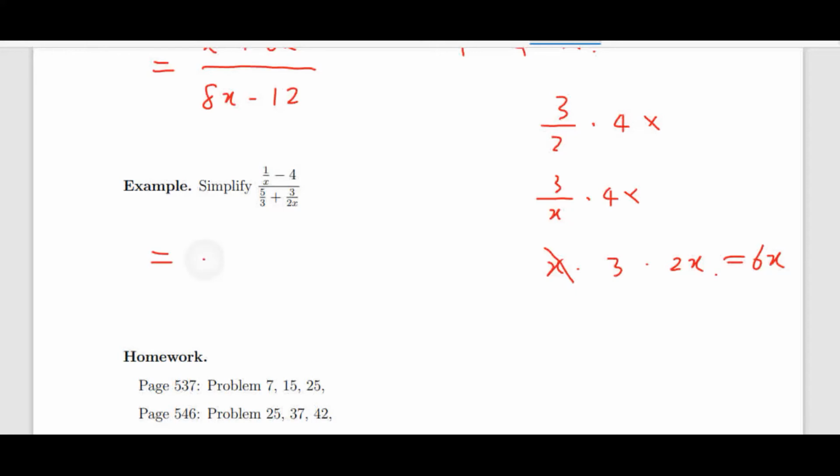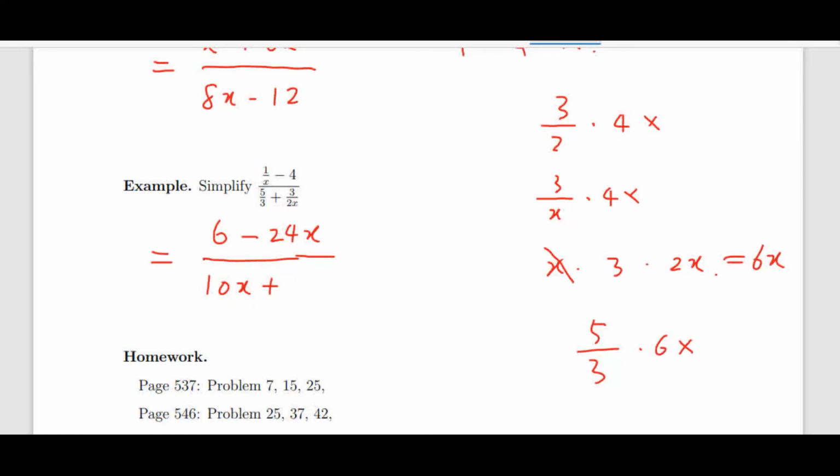So 1 over x multiplied by 6x is 6, and 4 multiplied by 6x. Then 5 over 3 multiplied by 6x equals 10x.